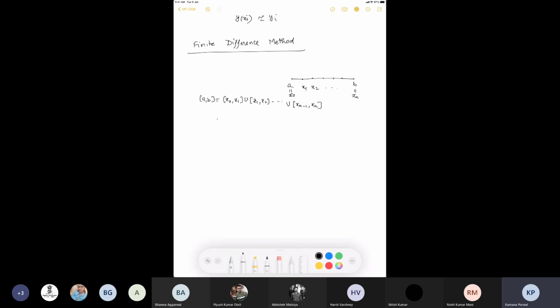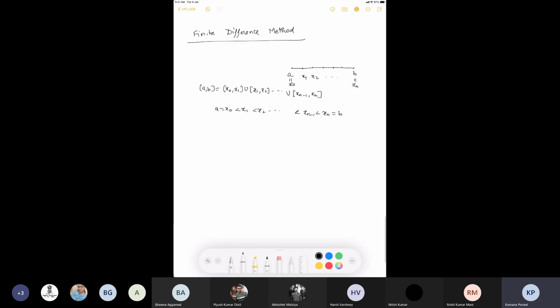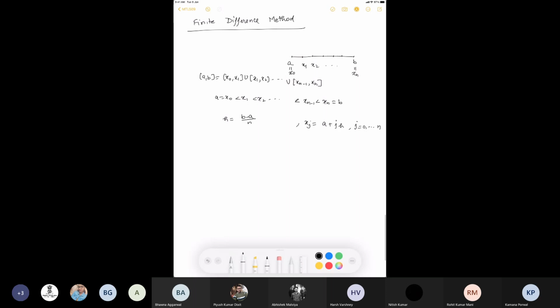Here I'm taking a as x0, and x1, x2 all follow this order. So we have n subintervals. h is going to be the length of each subinterval, where I'm taking equally spaced points, so h is b minus a divided by n. The points are x_j equal to a plus jh.